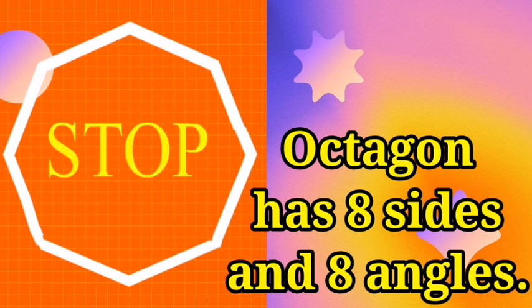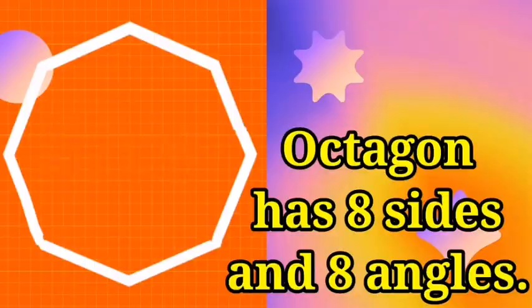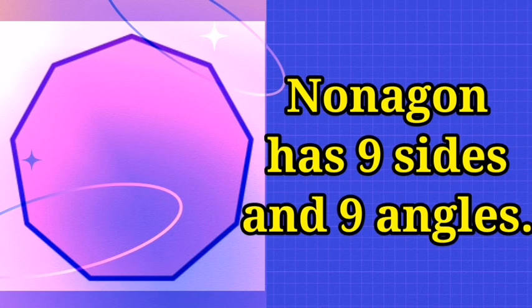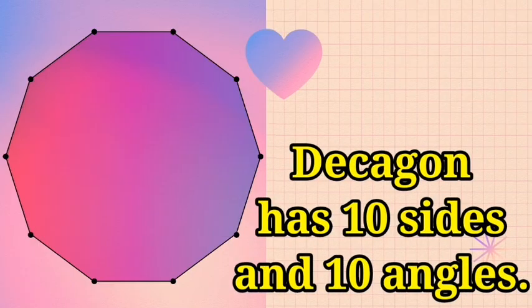Octagon has 8 sides and 8 angles. Nonagon has 9 sides and 9 angles. Decagon has 10 sides and 10 angles. Now, let's watch a video to learn more about polygons.